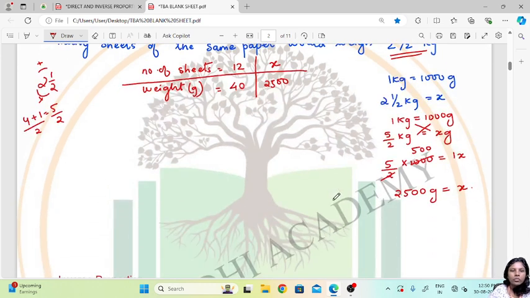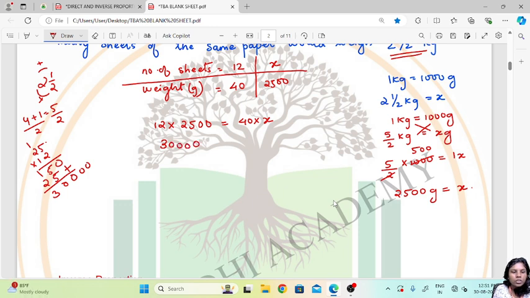We already know we have to do cross multiplication. So we'll do 12 into 2500 equals 40 into x. So 25 into 12: 5 twos are 10, 2 twos are 4, 5 plus 5, 1 fives are 5, 2 ones are 2, so 300 and two zeros from this. So it will be 30000 upon 40 equals x.